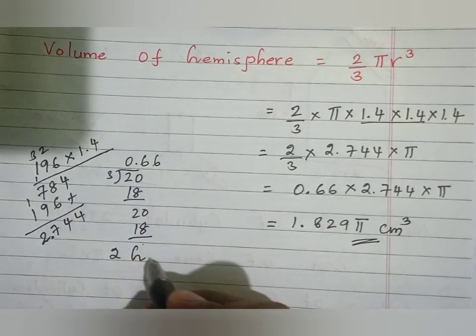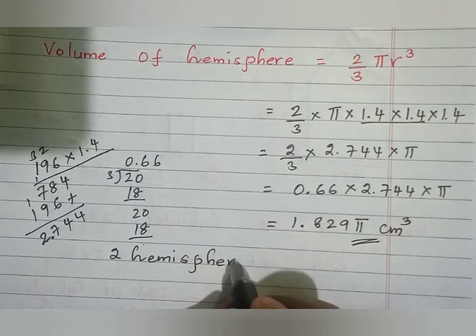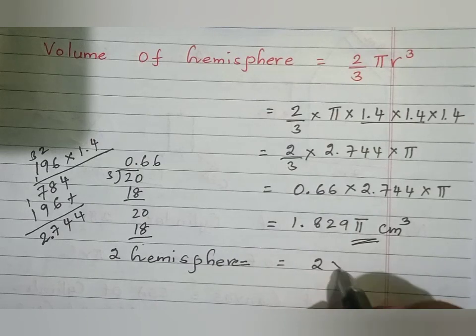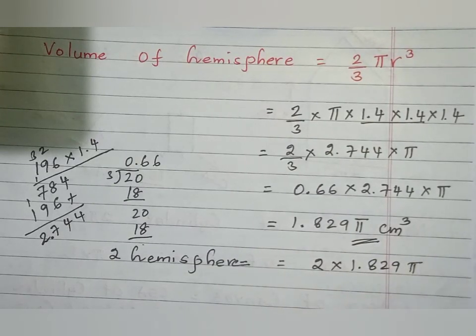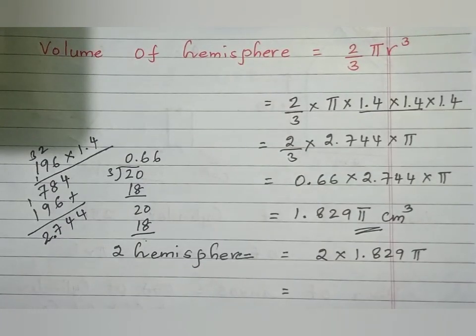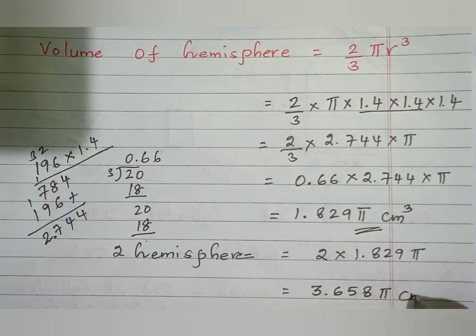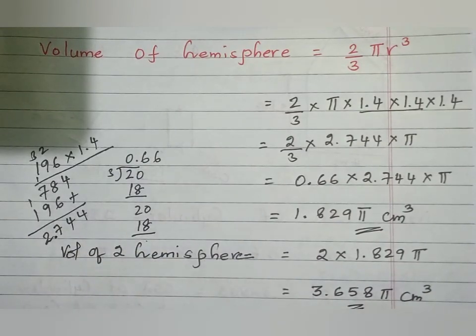Now here we need to find out volume of two hemispheres. So 2 into volume of hemisphere, that is 2 into 1.829 pi. So 2 into 1.829, what you get is 3.658 pi centimeter cube. So that is volume of two hemispheres.